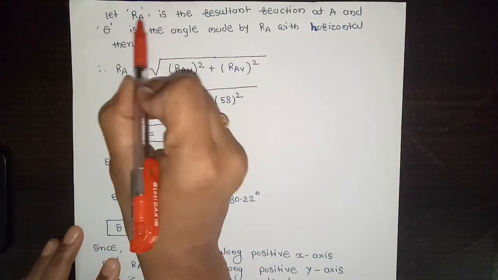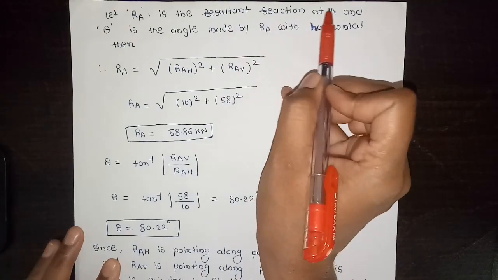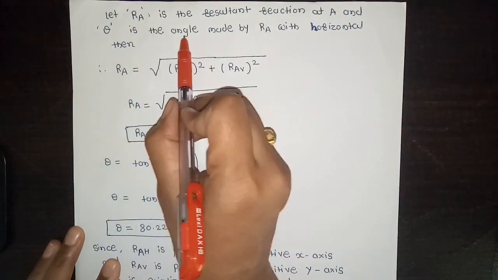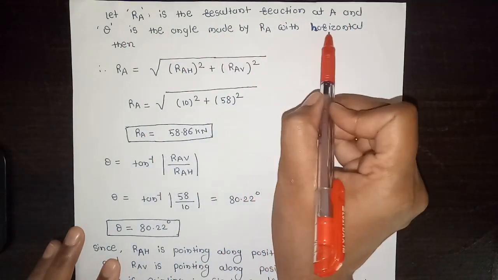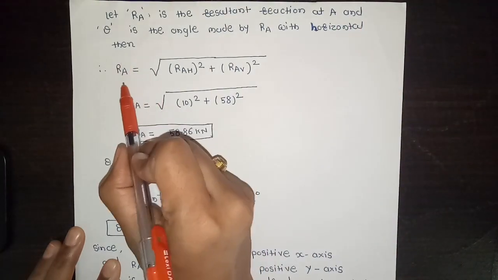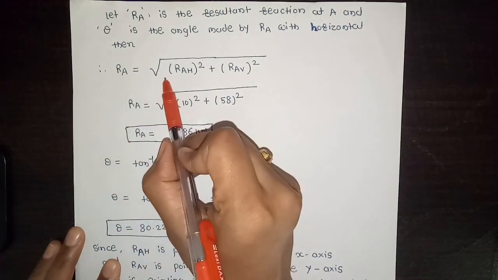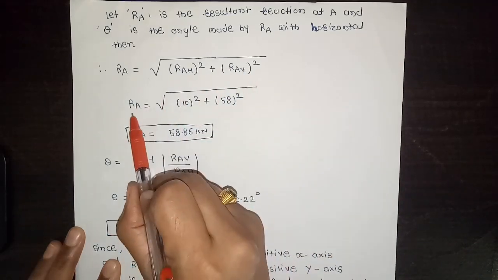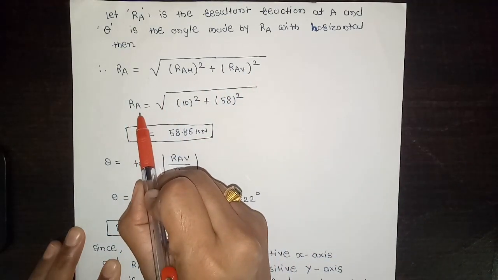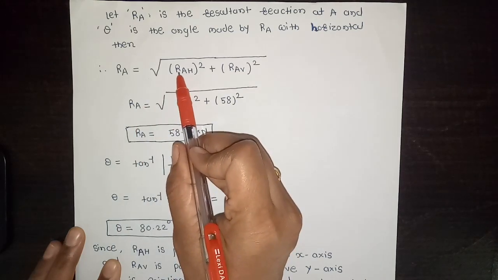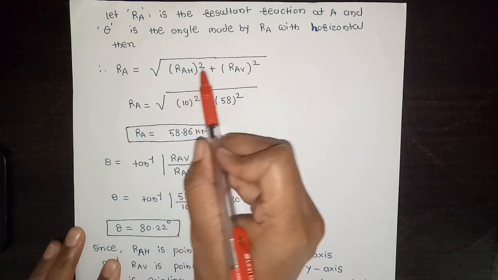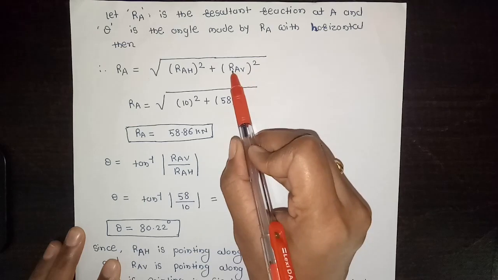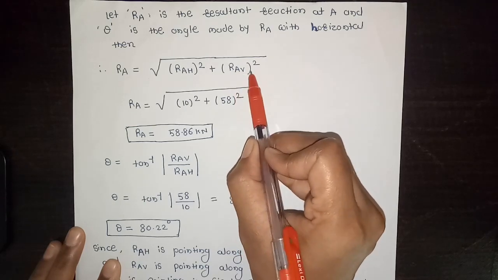Third step, let RA be the resultant reaction at point A and theta be the angle made by RA with horizontal. Then RA is equal to square root of RAH whole square plus RAV whole square. RA is reaction at support A, RAH reaction at support A horizontal, and RAV reaction at support A vertical.